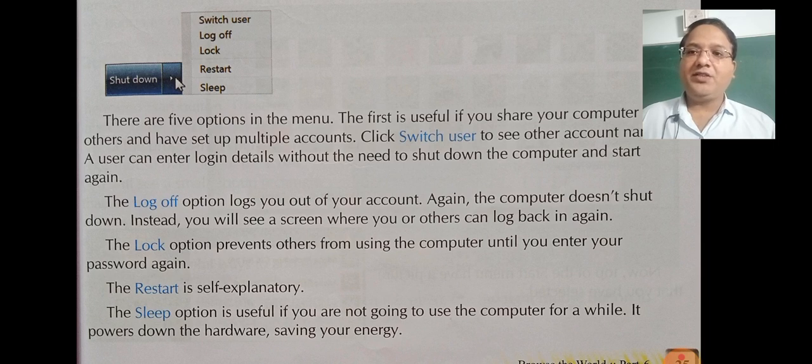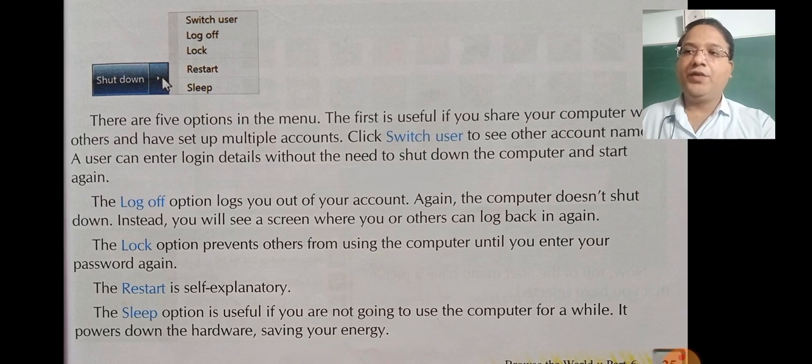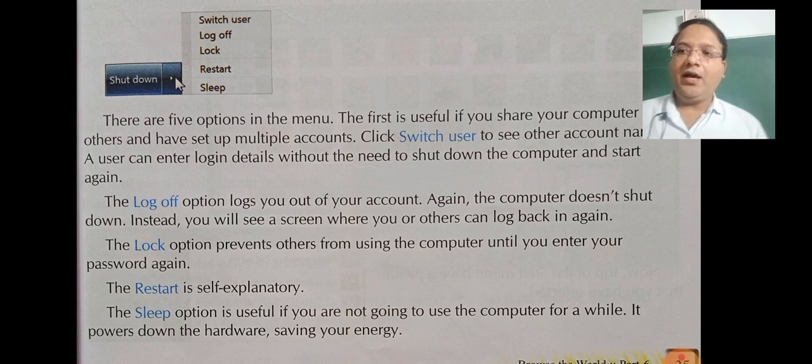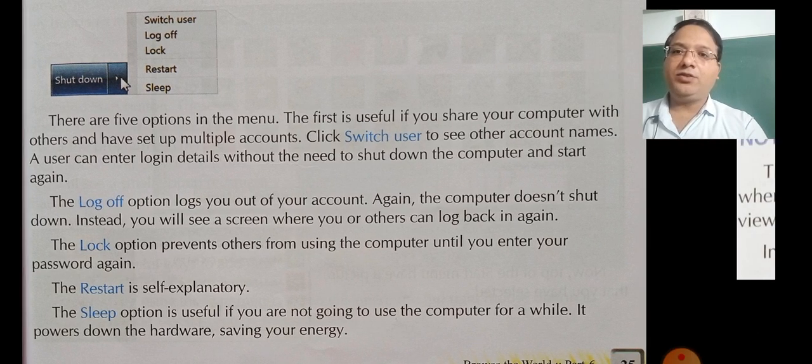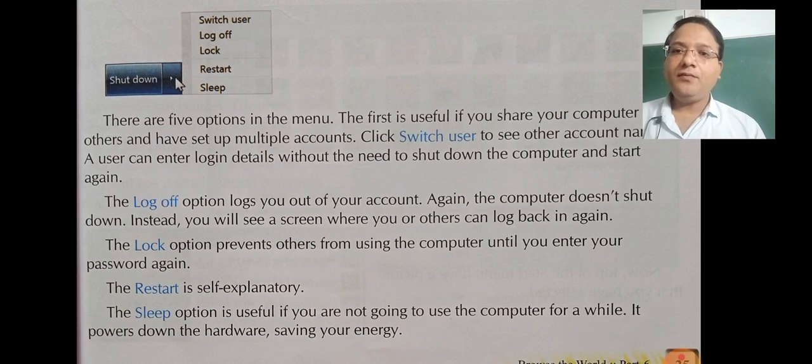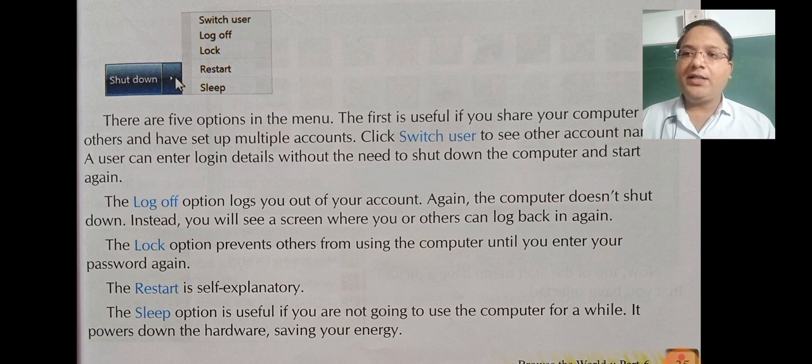The first is useful if you share your computer with others and have set up multiple accounts. Click switch user to see other account names. A user can enter login details without the need to shut down the computer and start again.